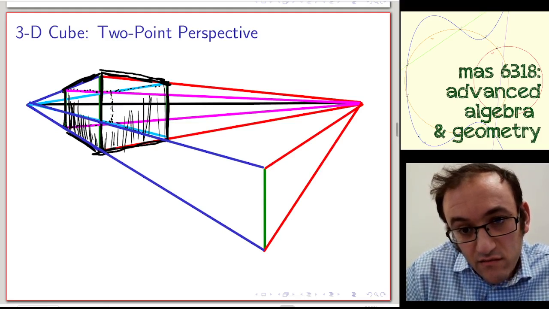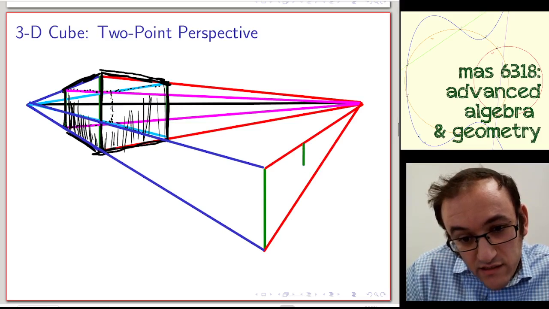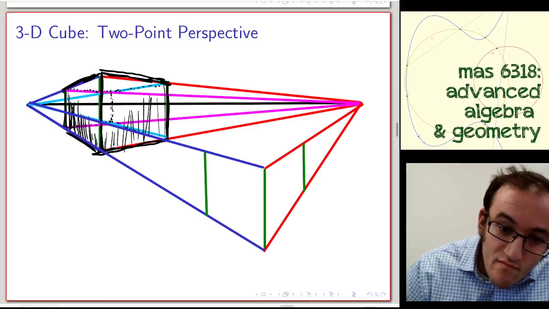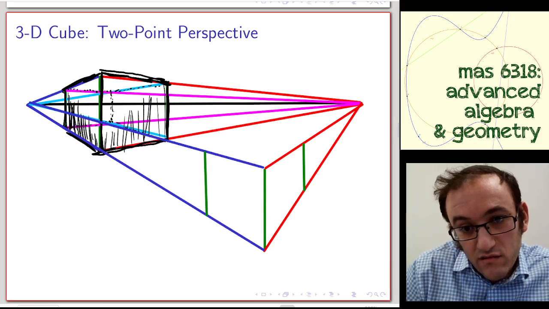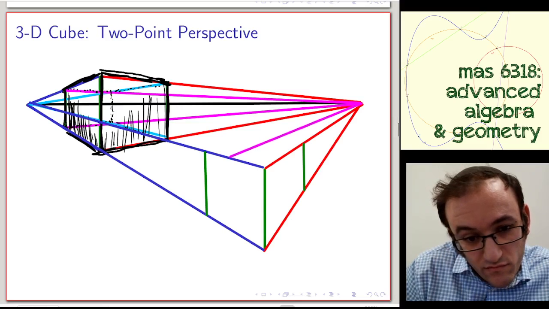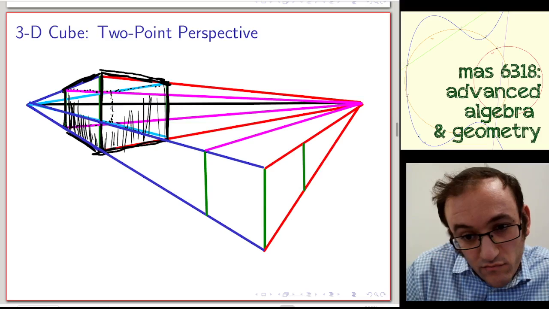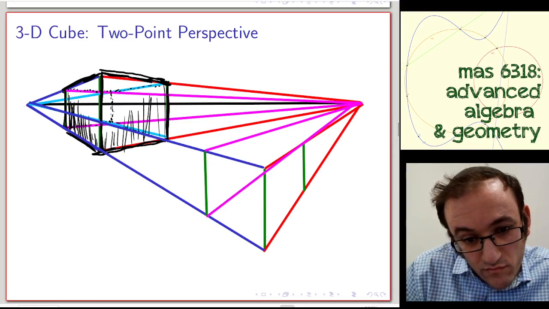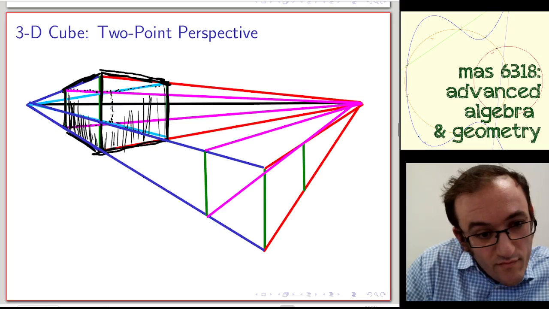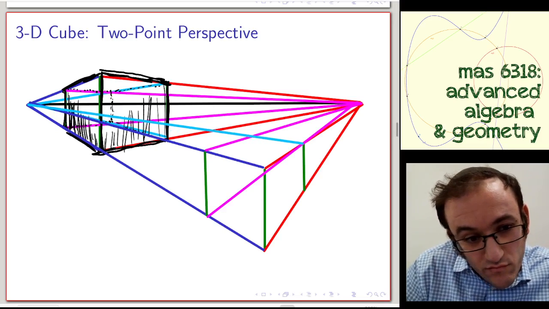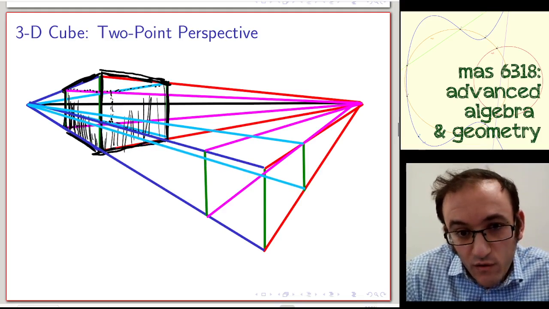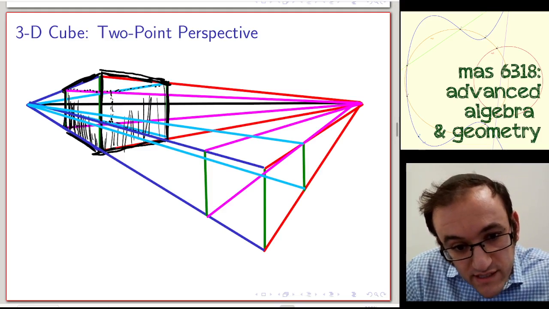And we can add in a couple of vertical lines for the remaining edges and do some more connecting. Okay, and now we can trace it much like the other one.